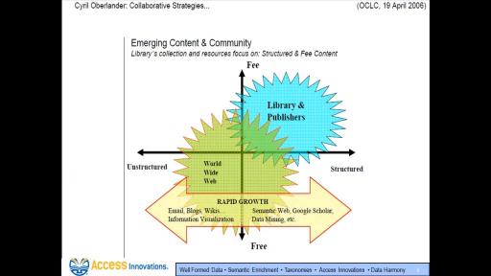So if we want to look at this emerging community and content map and fee versus free content, we can see where the growth is by plotting who is offering what kind of information. And then if we overlay that with the technologies, we can see where the rapid growth is and in what direction.